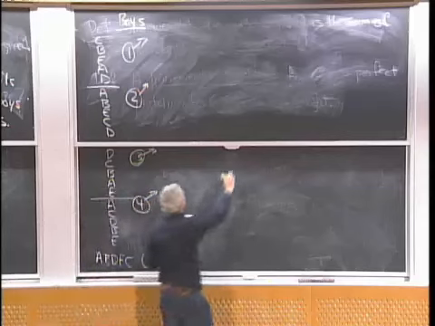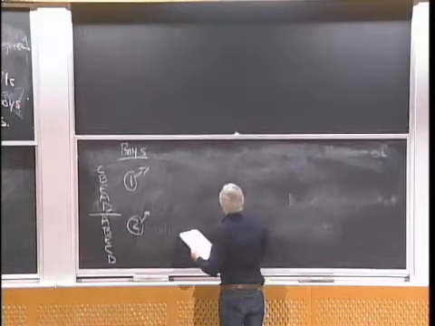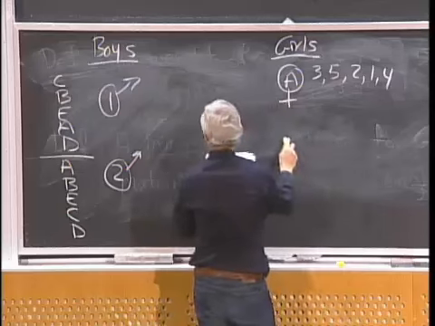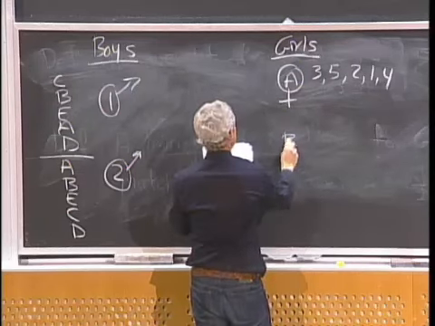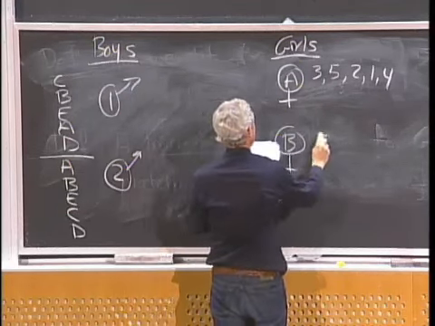And the girls also have their lists, so let's put those up. So girl A likes the boys in order 3, 5, 2, 1, 4. Girl B likes them in order 5, 2, 1, 4, 3.